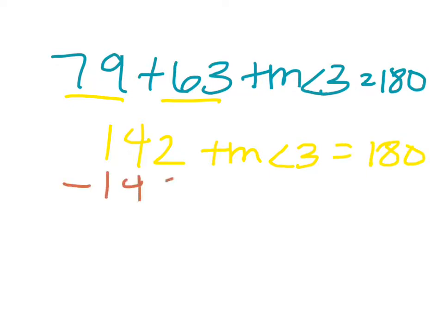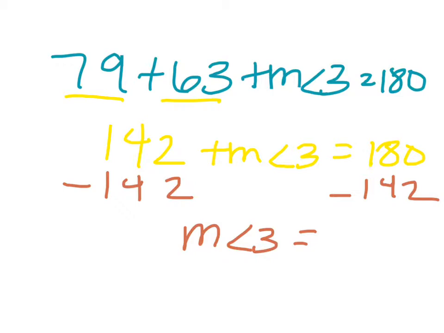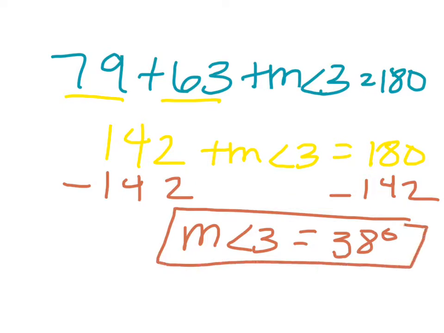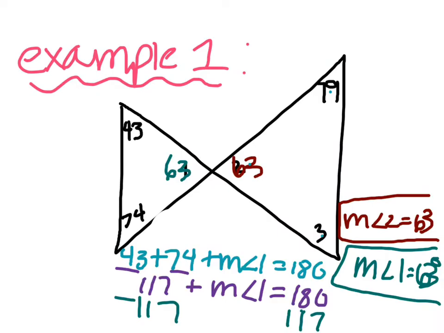Subtract 142 on both sides, and we get that the measure of angle 3 is 38 degrees. And there we go. Measure of angle 3 equals 38 degrees. Angle 2 is 63 and angle 1 is 63.